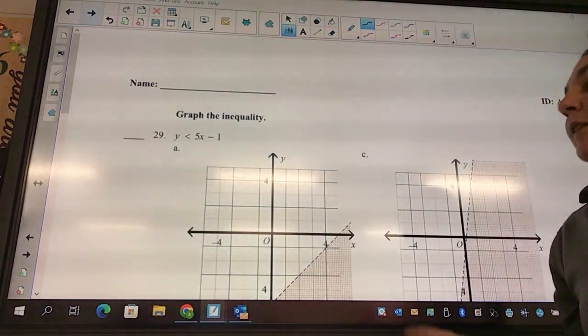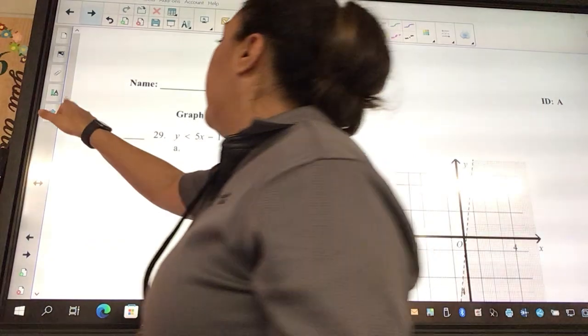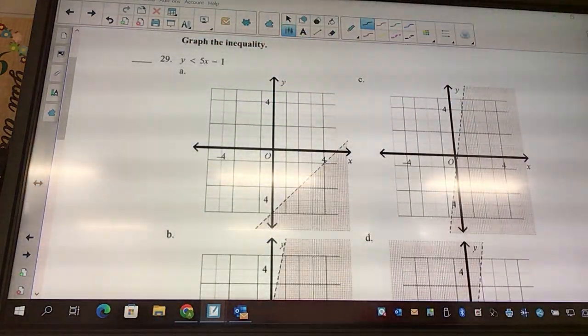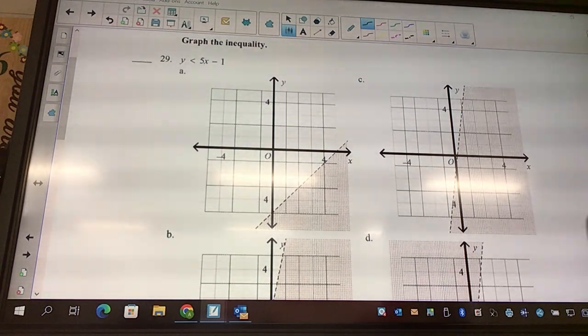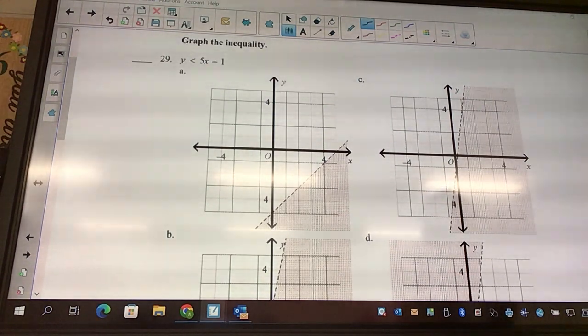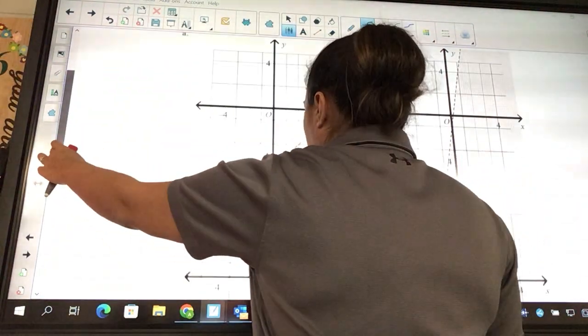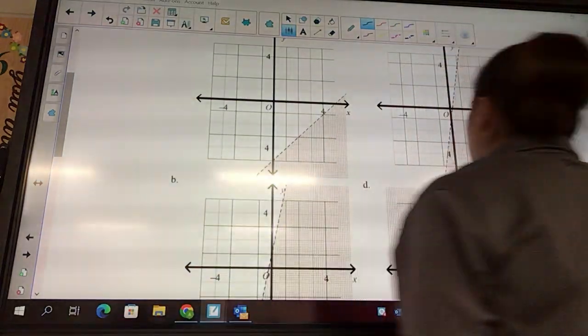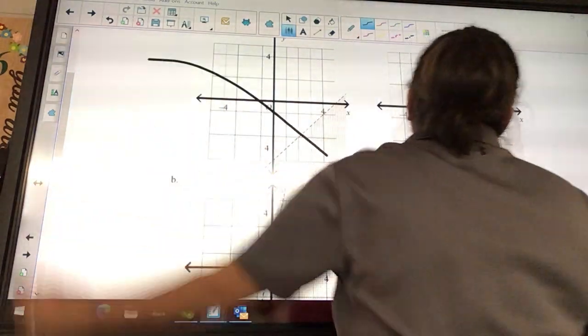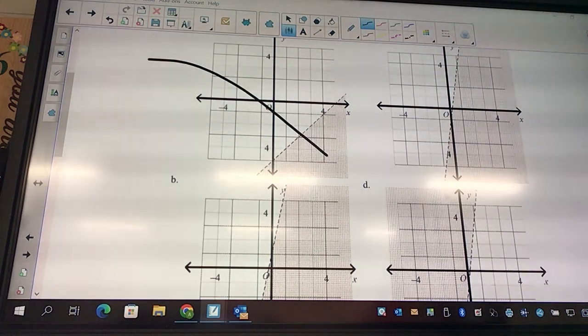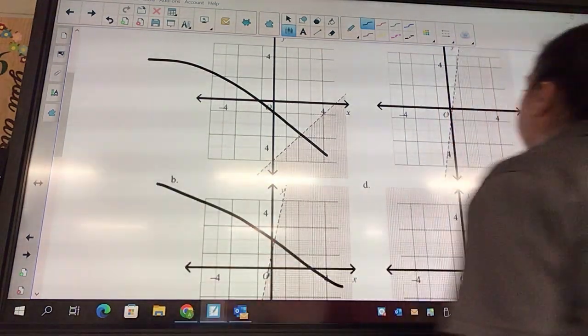Okay, 29. Should that be a solid line or a dotted line? It's a dotted line. Can you eliminate anything? No. Okay, so let's graph it. Where should this graph start? At -1. Which lines do not start at -1? A does not. Does B? No. Does C?